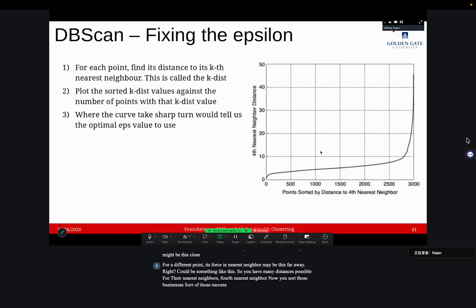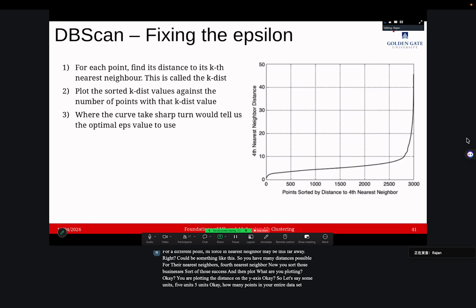and then plot. You are plotting the distance on the y-axis. The distance could be, let's say, 5 units. How many points in your entire data set have 5 units as the distance? That is plotted along the x-axis.